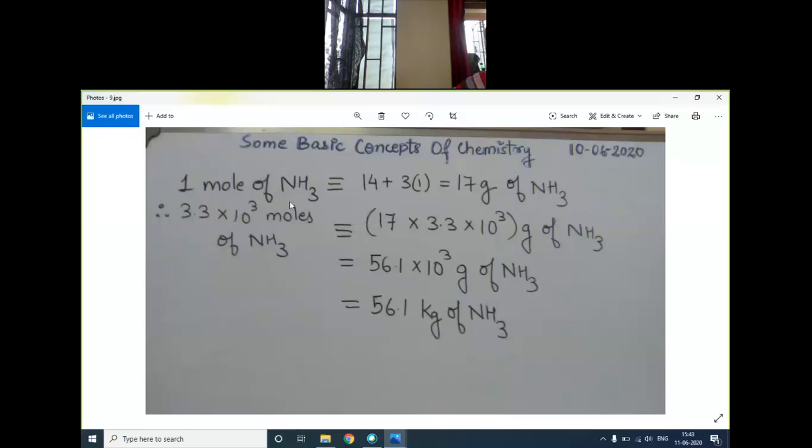That means ammonia, here it is forming ammonia. This ammonia production will depend on hydrogen, not on the amount of nitrogen. Because nitrogen is not the limiting reagent, hydrogen is the limiting reagent. So the amount of ammonia will depend on hydrogen, not on nitrogen.